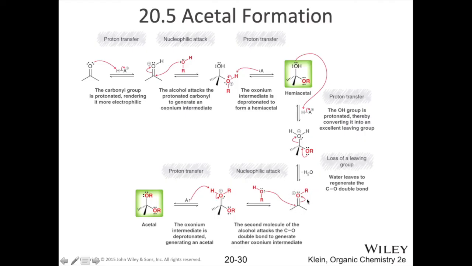Now notice the similarities between this charged molecule and this one over here. So the process actually just repeats again. You have a second equivalent of alcohol come in and attack that carbonyl carbon. It swings those electrons up to the oxygen, getting rid of that positive formal charge. Now you have this charged intermediate, which you can deprotonate, and there's your acetal. Hopefully, there's lots of steps here, but please notice the similarities between the first half of this reaction to make the hemiacetal and the second half of this reaction to make the acetal.